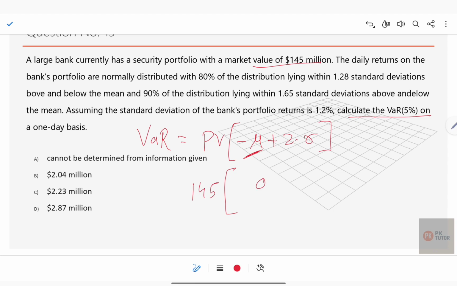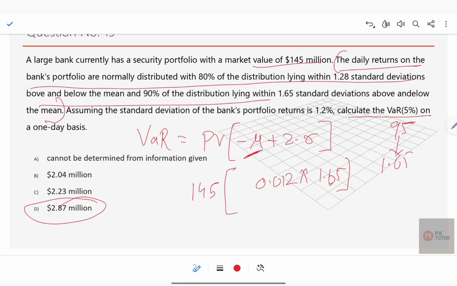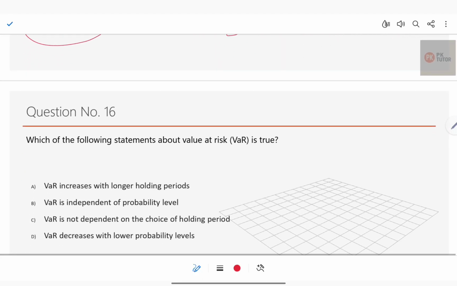We'll take 1.012 times the z value for 5%, that is 95% confidence, which is 1.65. So times 1.65, and that will give the answer 2.87. This is a garbage value, meaning it is not required for our calculation. It is just there to confuse you. Okay, now moving forward.